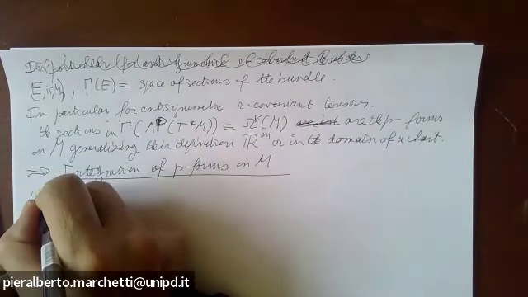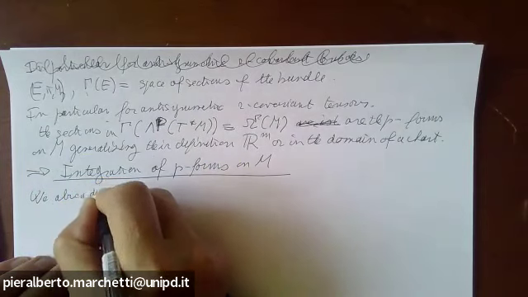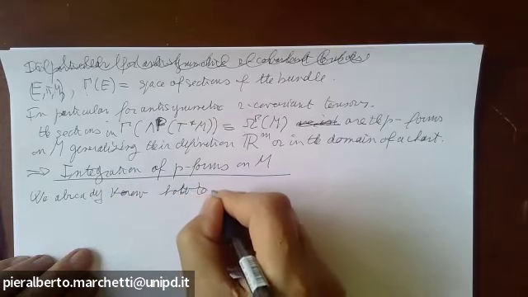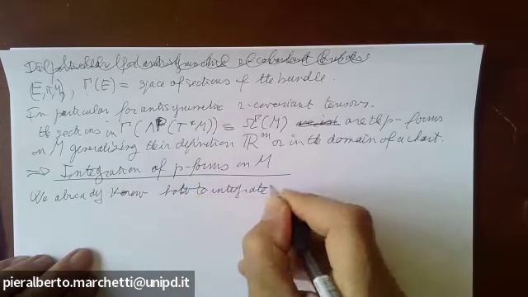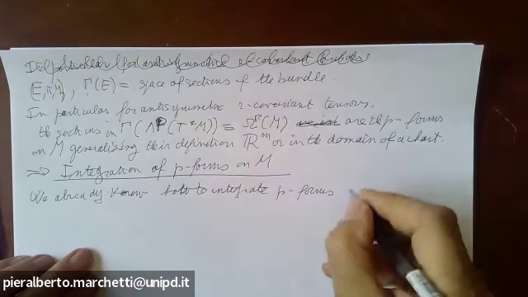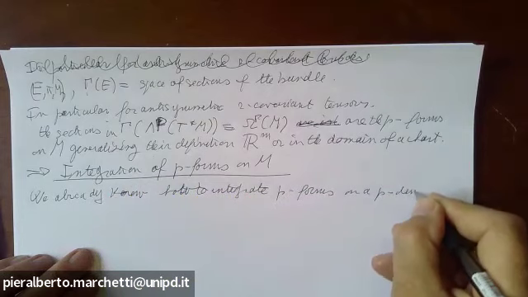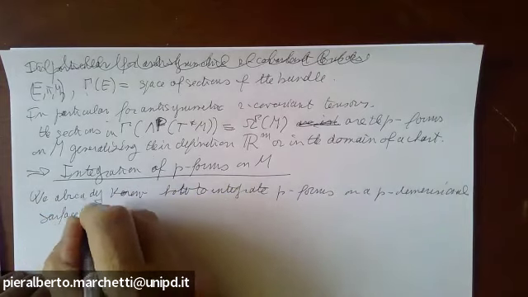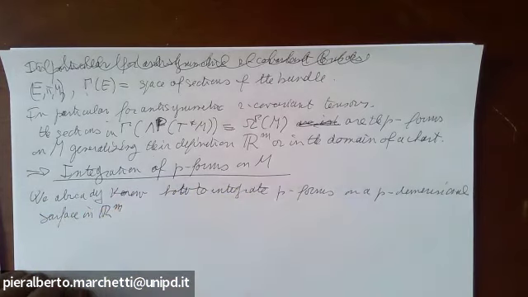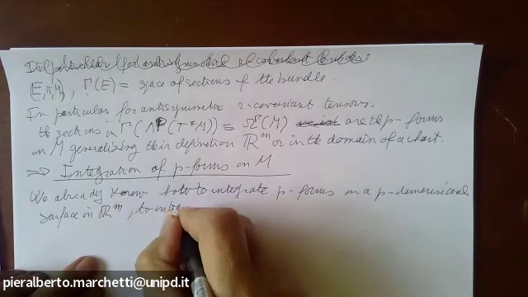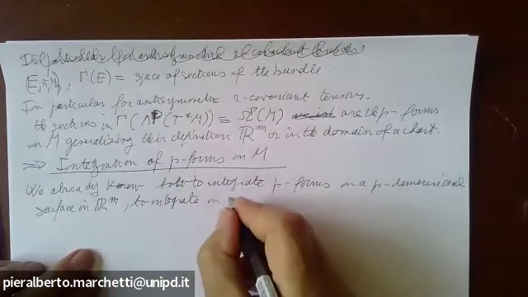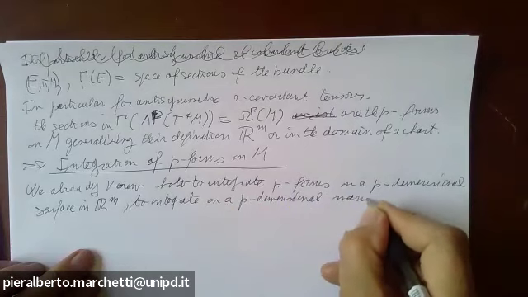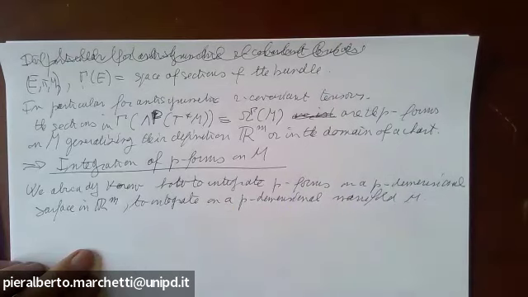We already know how to integrate p forms on a p-dimensional surface in Rm, to integrate on a p-dimensional manifold now. So you don't want to go out of this manifold.